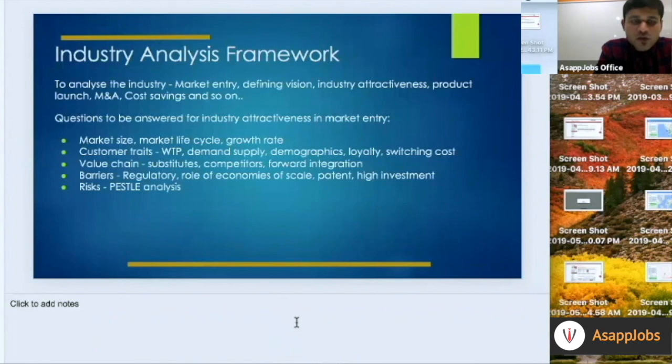So when you're doing industry analysis, you are responsible for driving it and doing it, but you can always ask your stakeholders, do you want to add anything, or do you think it makes sense? So it is a very collaborative role in that way.